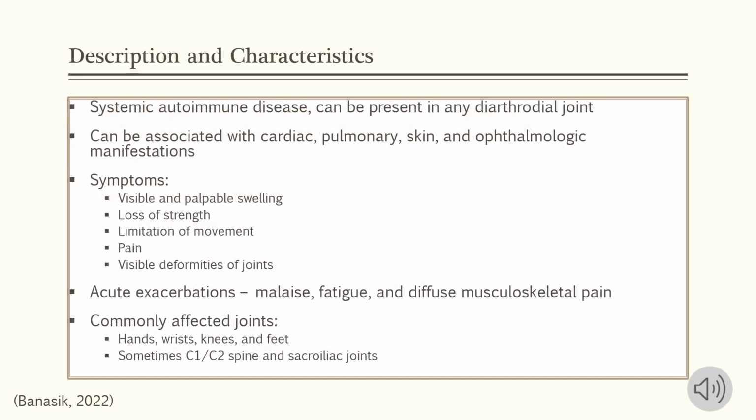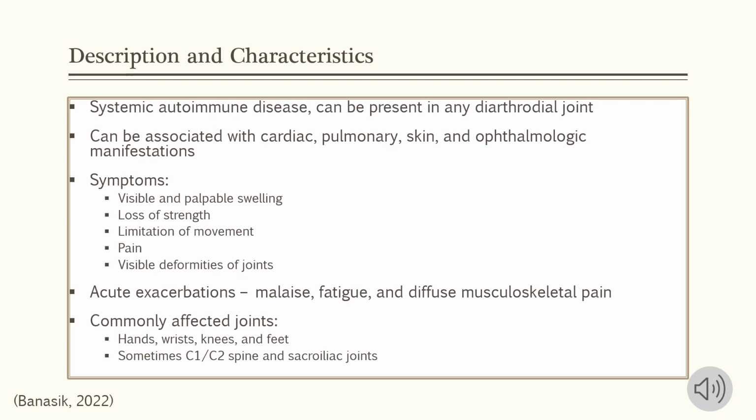Some of the characteristics are that it is a systemic autoimmune disease that can be present in any diarthrodial joint. It can also be associated with issues with your heart, lungs, skin, or eyes.